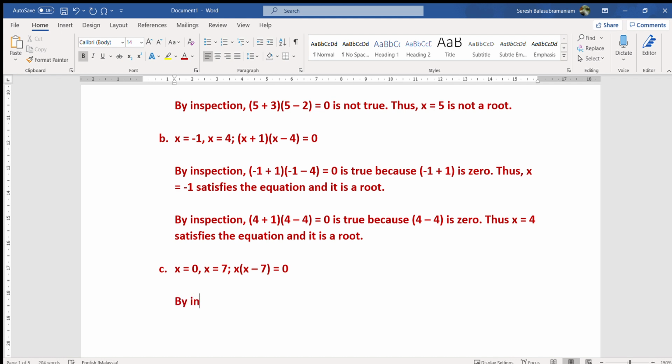By inspection, it's 0 times (0 - 7) = 0. This is true because the left hand side will produce 0, since anything multiplied with 0 is 0. So this is true.